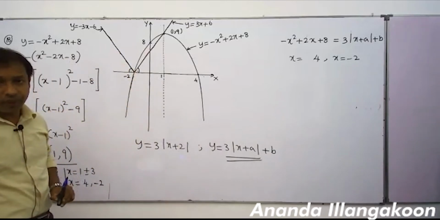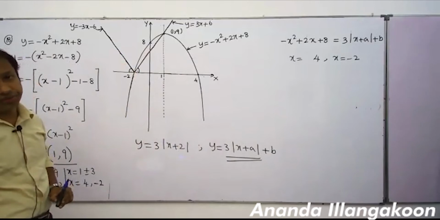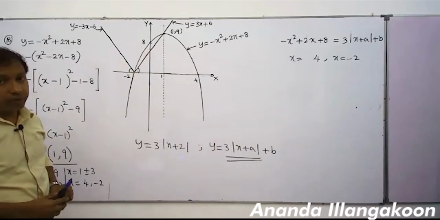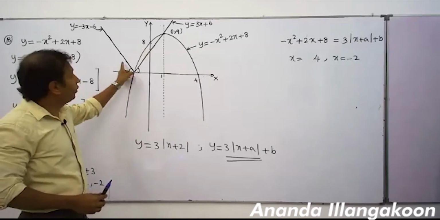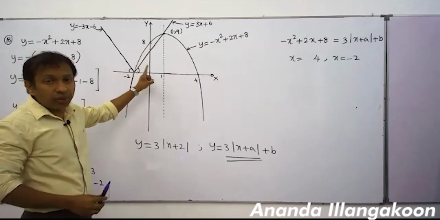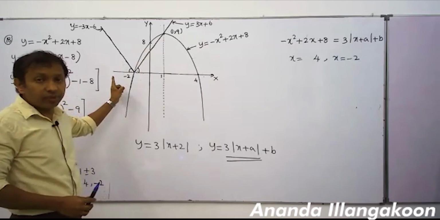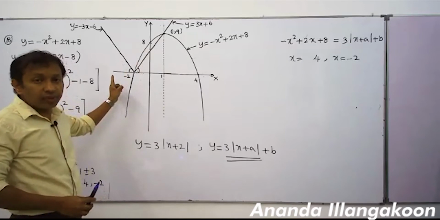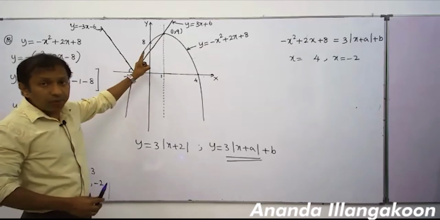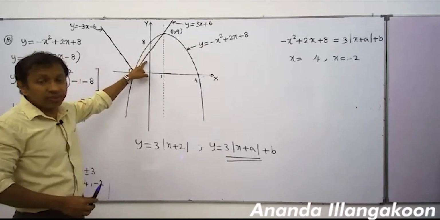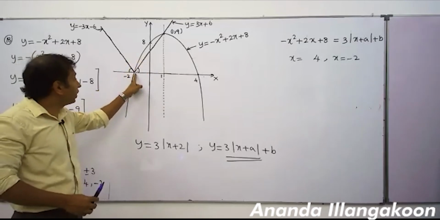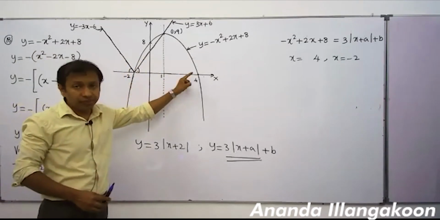Okay. Now, this is how we determine. After shifting this V-shaped graph to the right or left, up or down, finally, the two branches should pass through this point and this point.